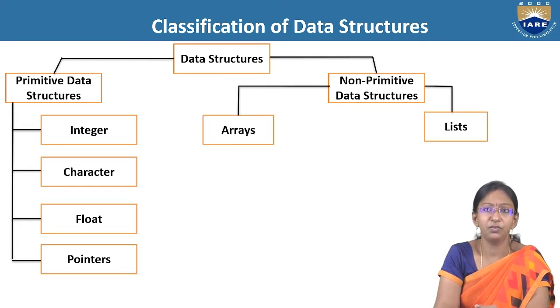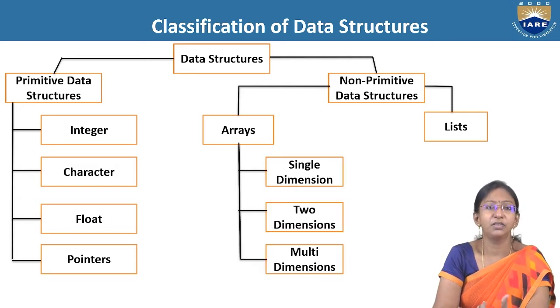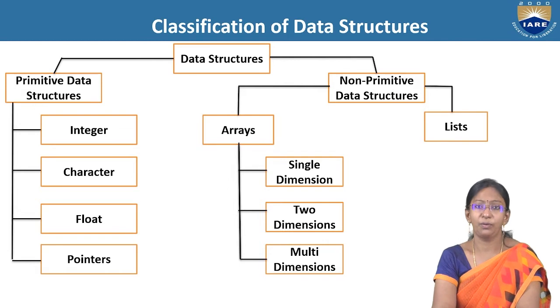Coming to non-primitive data structures, they are in two different categories: arrays and lists. Let's understand what an array is. An array is nothing but storing the data in contiguous memory locations, and the data will be homogeneous, in order.